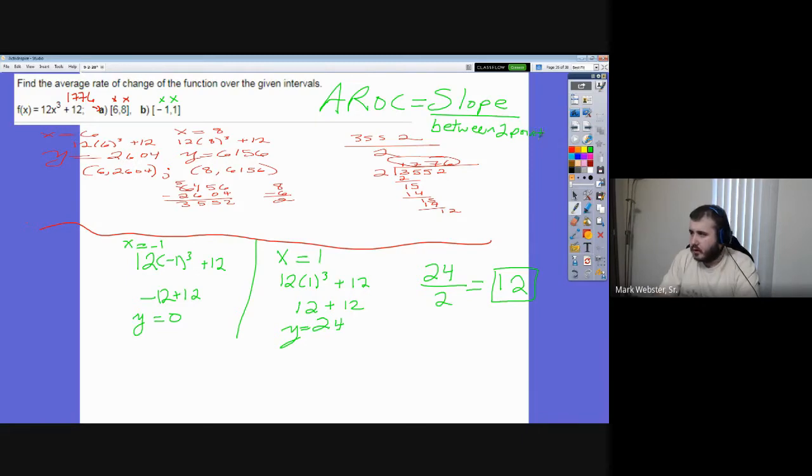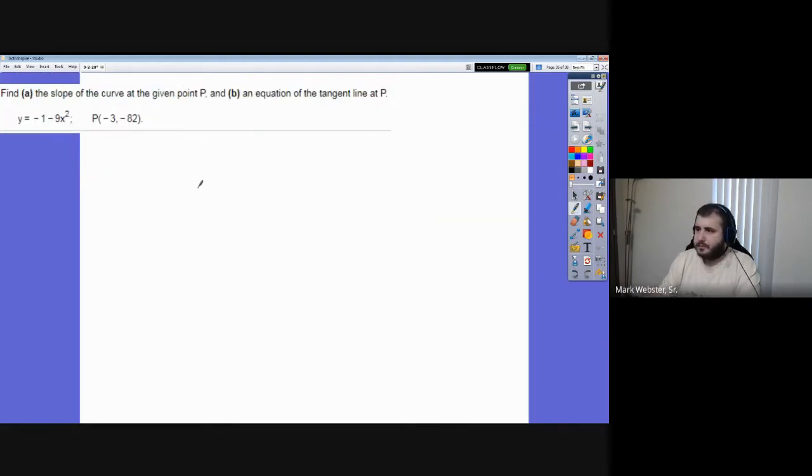Like we did. So if you're asked to find the average rate of change, say to yourself, okay, what are the 2 points that I'm working with? What's the slope between those 2 points? Ta-da, you're done. Don't overthink this. Let's do another one.